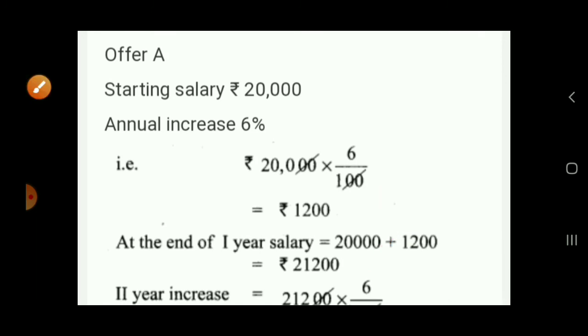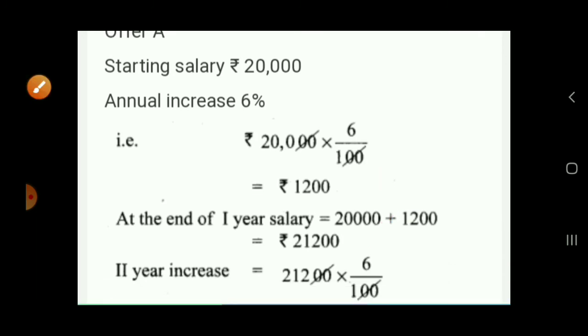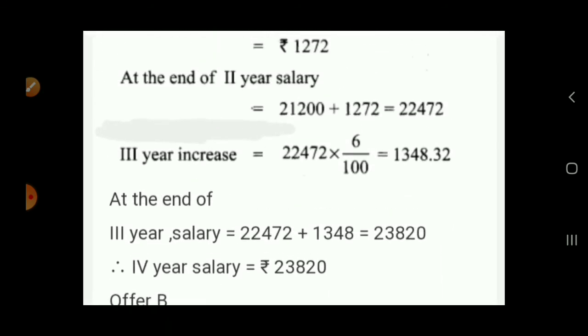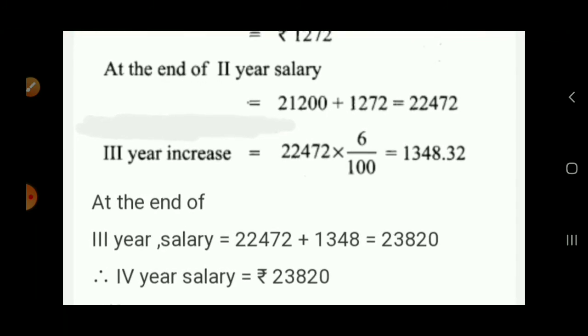Now find the next. For the second year increase, similarly 21,200 into 6%, cancel, and you get the value, 1,272.